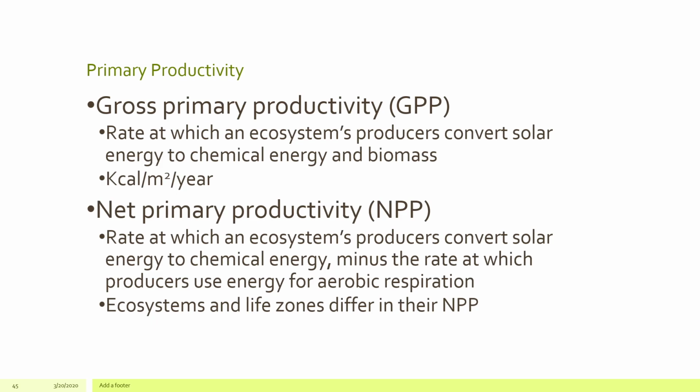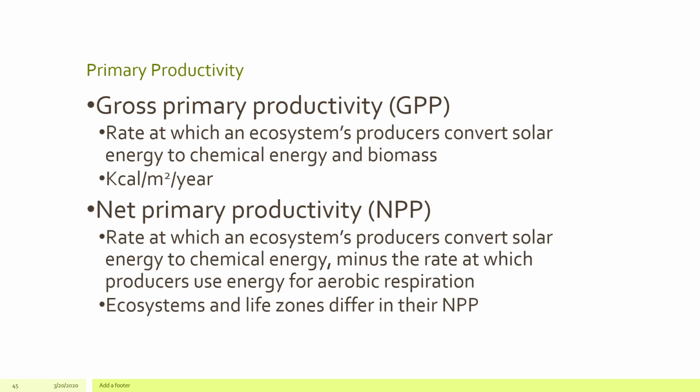So it's important to understand that when you take that gross primary productivity, the total amount of productivity, minus the amount that's used by the plants themselves, you get a net primary productivity. And that is a total amount of productivity that can then be used by other species. Typically, we'll talk about food webs and food chains, consumers.